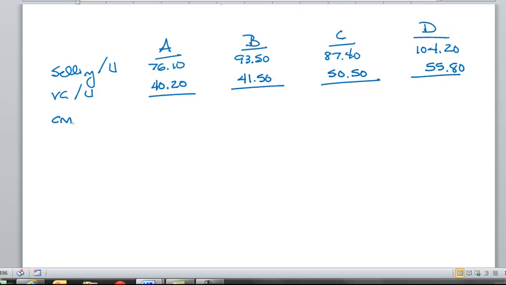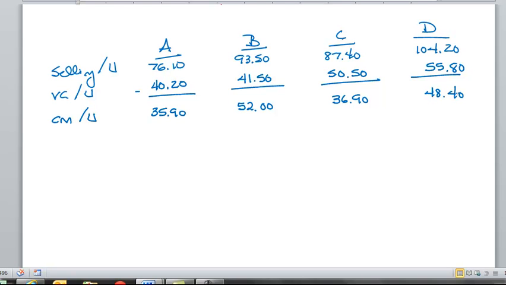So therefore we get contribution margin per unit, taking the differences. 35.90 for A, 52 for B, 36.90 for C, 48.40 for D.